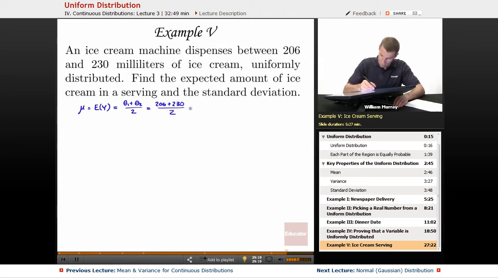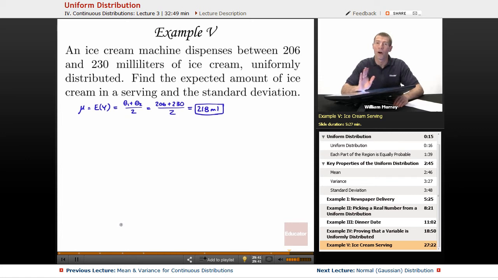Well, that's 436 divided by 2, which is 218. And our units here are milliliters. So the average amount you expect to get when you fill up your bowl at this ice cream machine is 218 milliliters of ice cream.